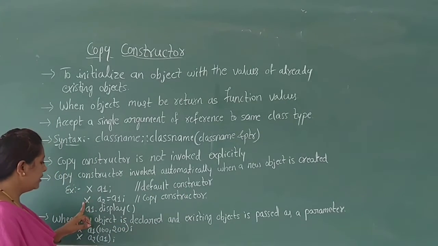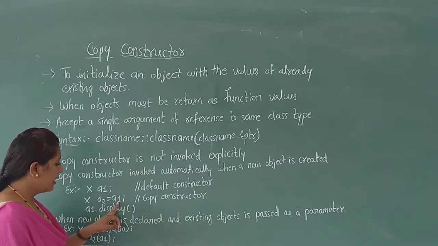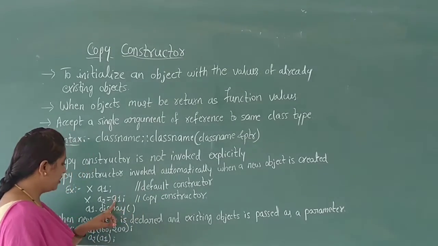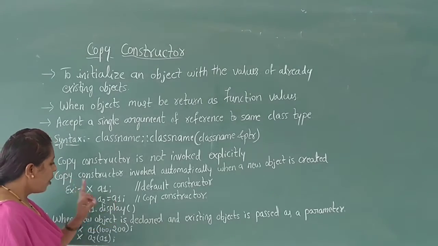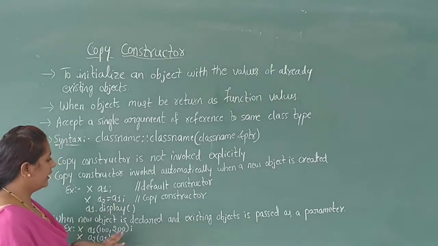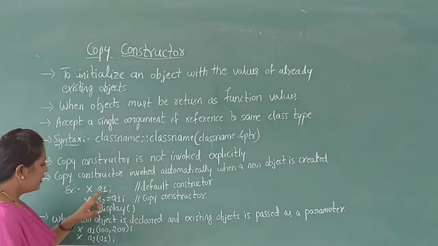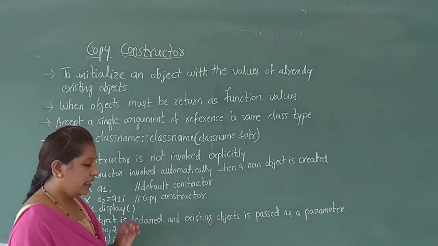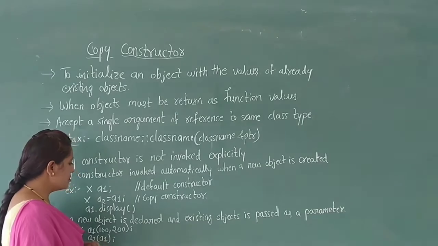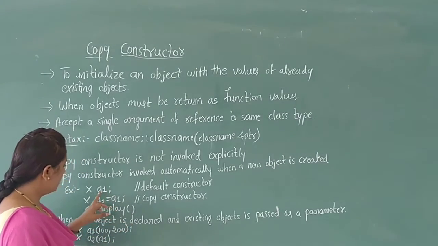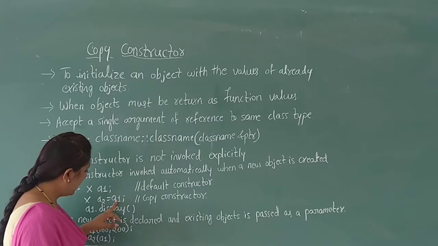In the next statement, x a2 is equal to a1. It is called a copy constructor because the copy constructor is invoked automatically and it copies values from an already existing object. Here the already existing object is a1.